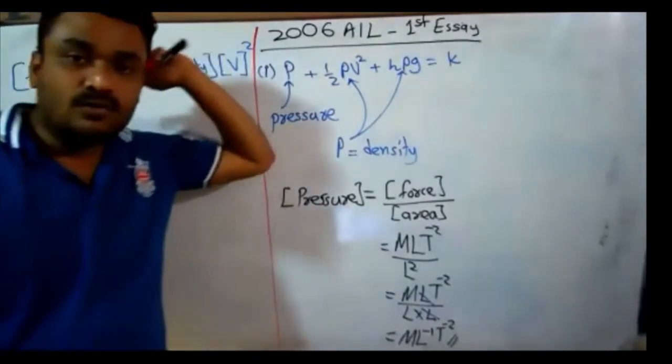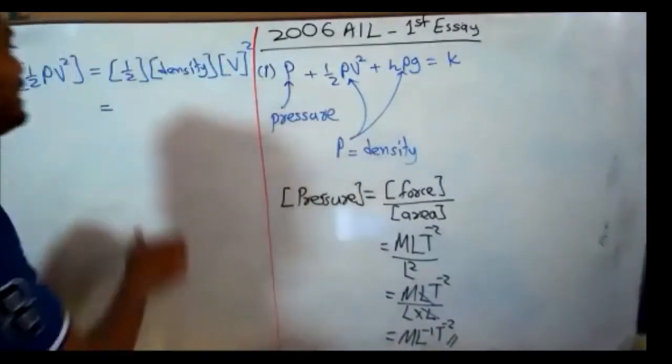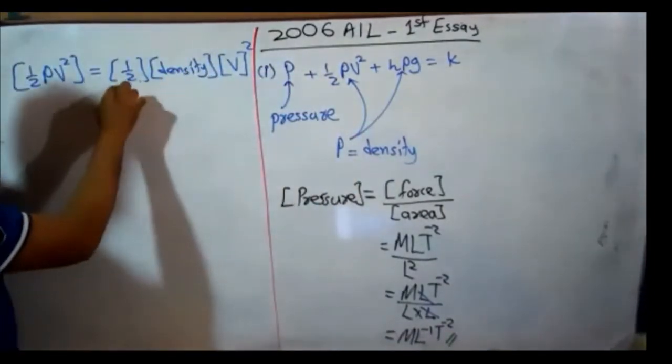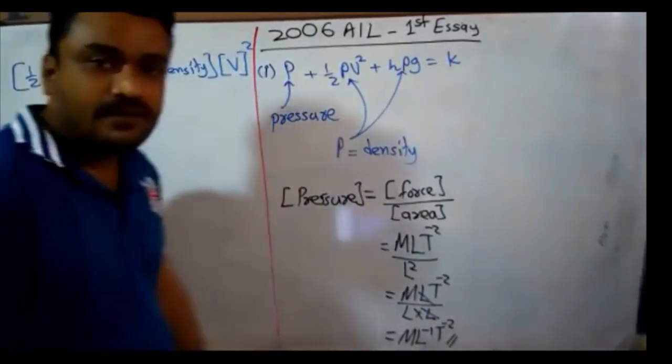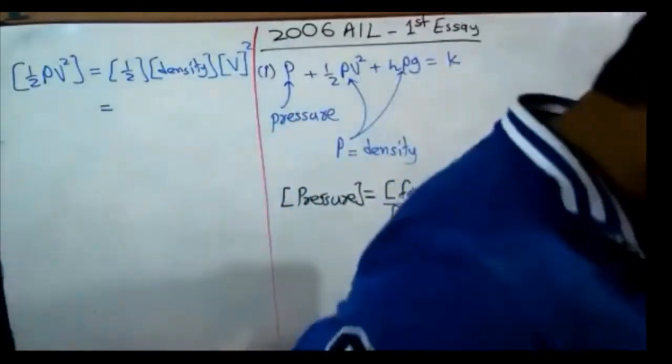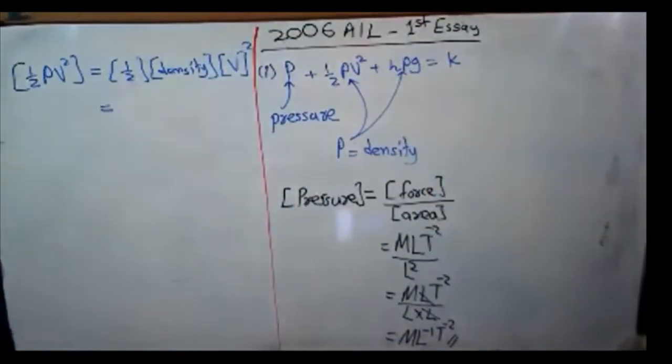Let's write down everything I have written on the board and try to find the dimensions of half rho V squared. Give a try here. Start.